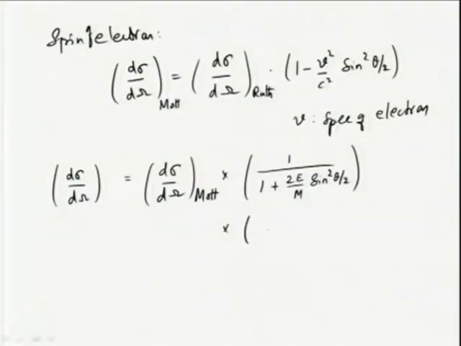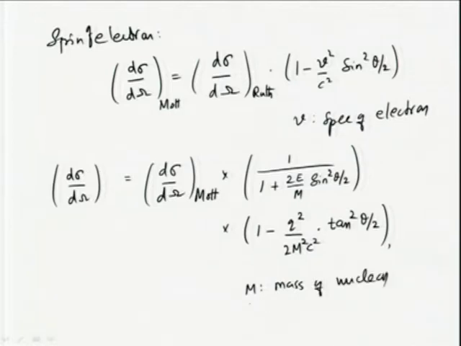So, we will have an expression 1 minus q square over twice m square c square, tan square theta by 2, where m is the mass of the nucleon, the proton or the neutron, and q we know is the momentum transfer.